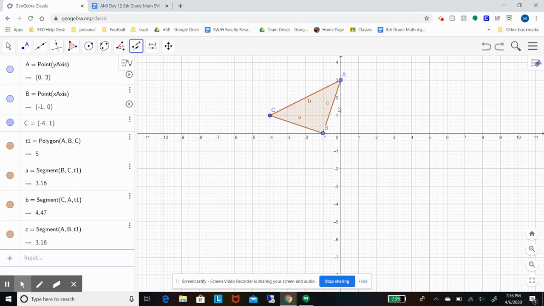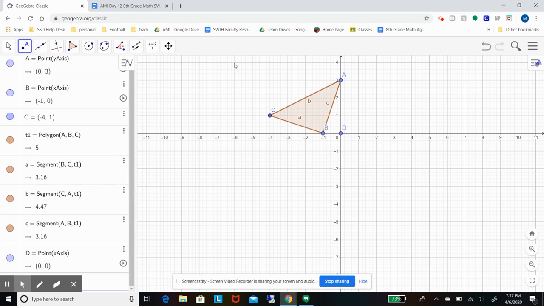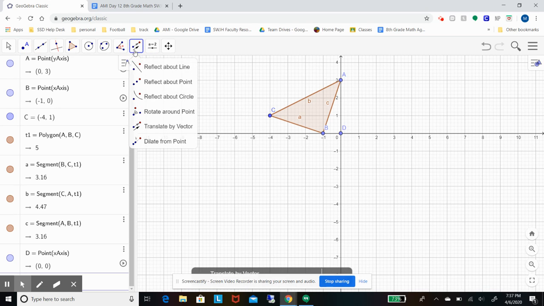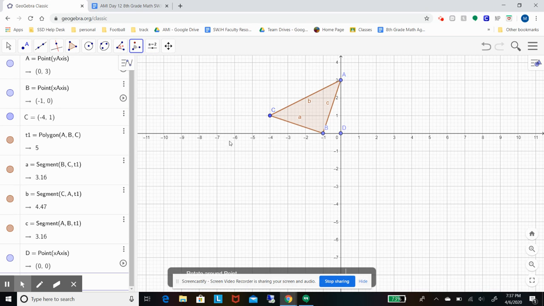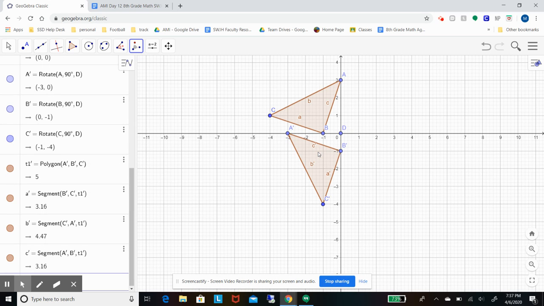If we move back, let's go ahead and rotate. So let's take this triangle and let's rotate it. We're going to rotate this around that point, and let's do a 90-degree counterclockwise rotation.